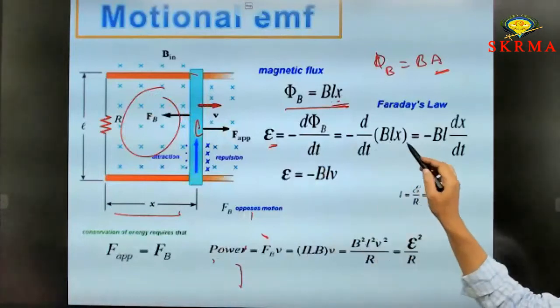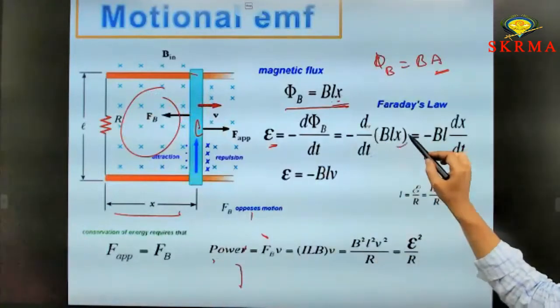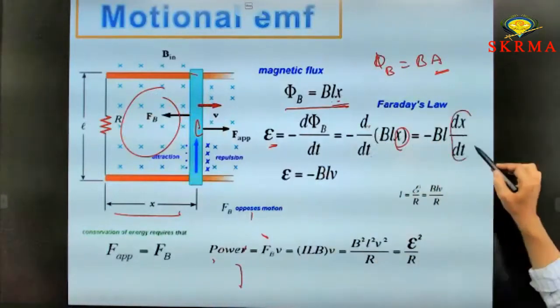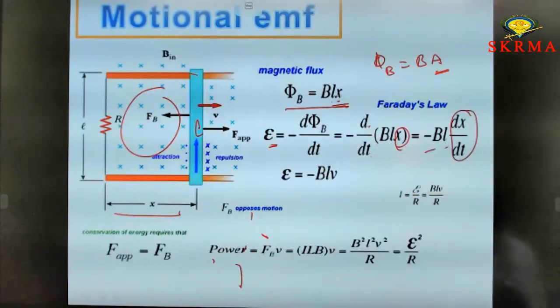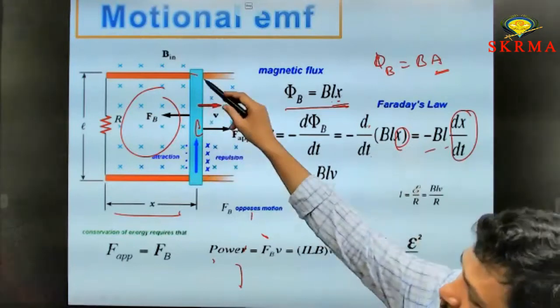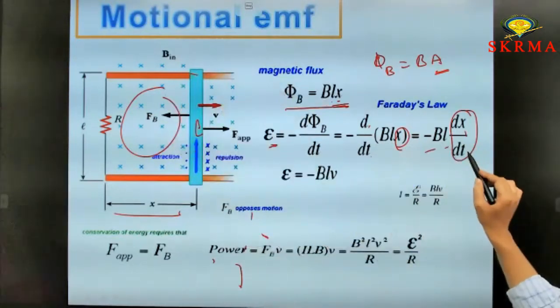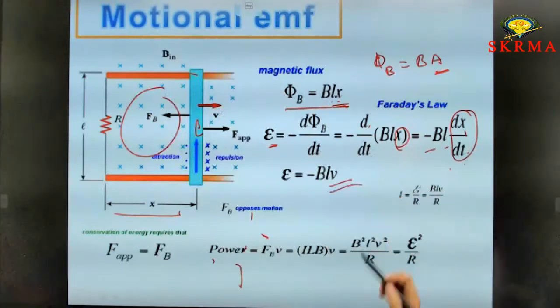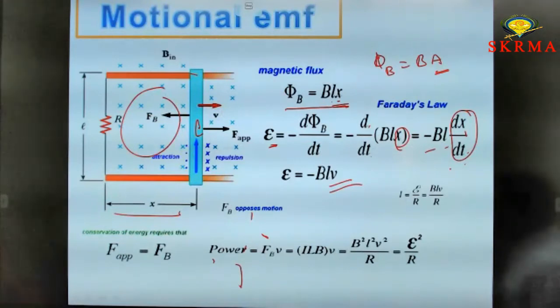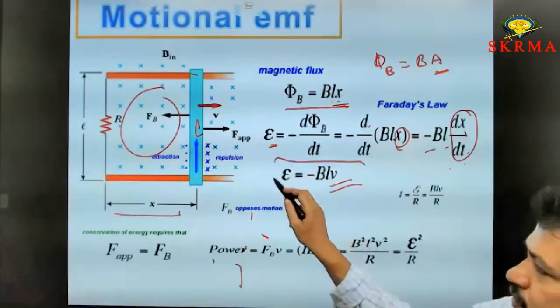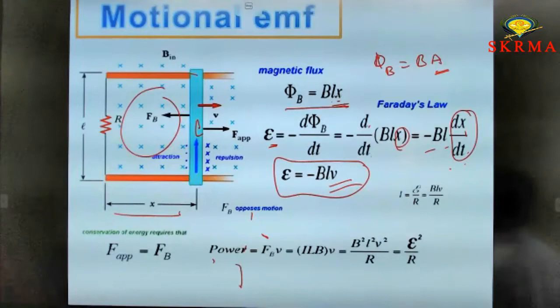Here B and L are constants. B is the magnetic field, and L is the length of the bar moving on the rails. dx by dt is nothing but velocity.